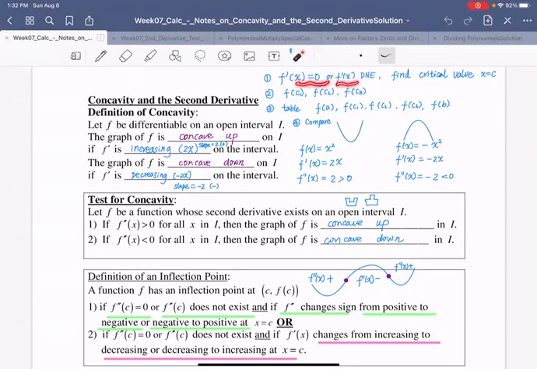Based on these 2, you find your critical value, x equals c. You may have multiple values of c, maybe c1, c2, c3, several different values can satisfy your first derivative being 0 or not existing. Second step, you will calculate your f of c1, f of c2, f of c3. If you just have one value, you just do one of them.